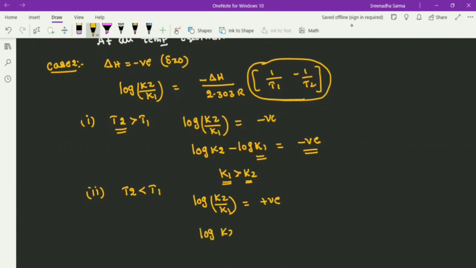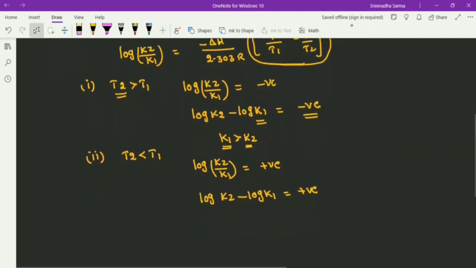Log K2 minus log K1 is equal to positive. For getting a positive value, K2 is greater than K1. So for an exothermic reaction, when the temperature decreases, K2 is greater than K1.